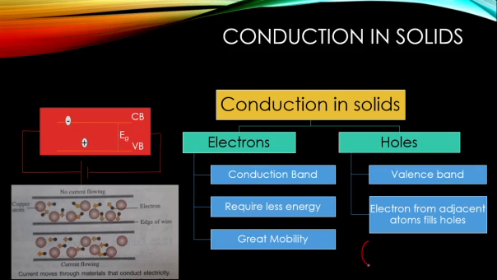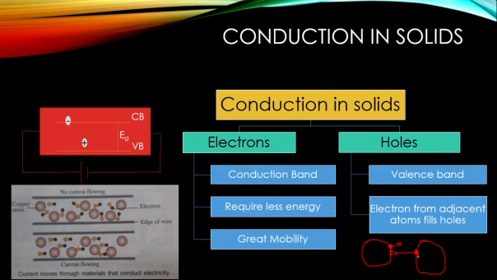That means if I have an atom like this, if one electron is made free, then a hole is created, and an electron in the neighboring atom can fill up this hole.